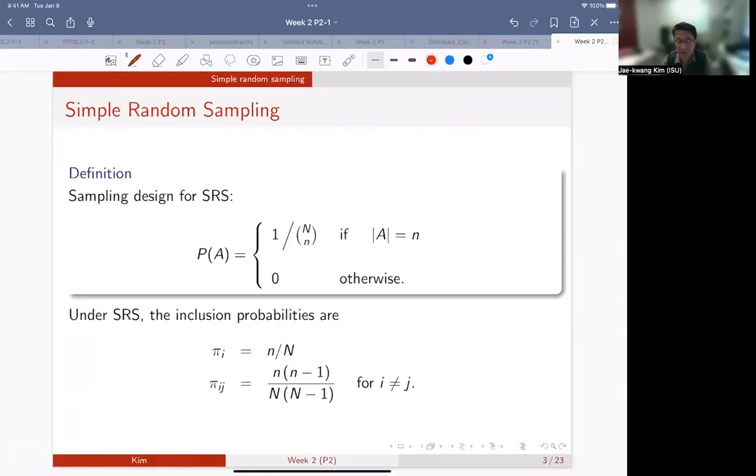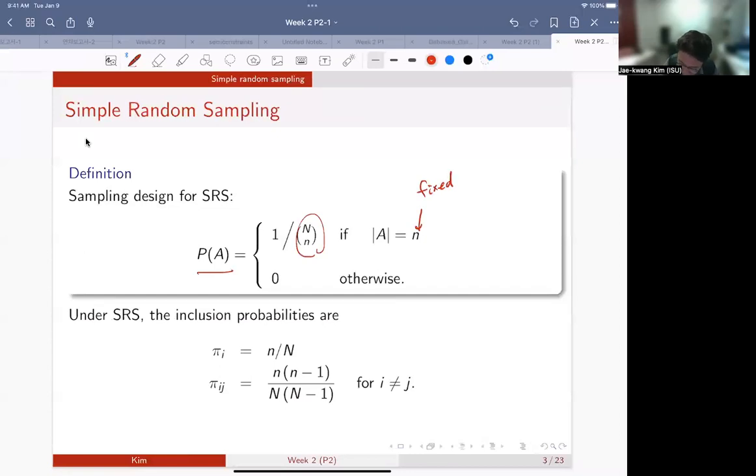I already explained what simple random sampling is in terms of the definition. We basically have capital N choose small n possible samples. This is fixed, right?